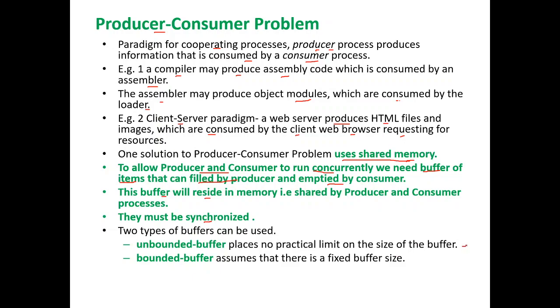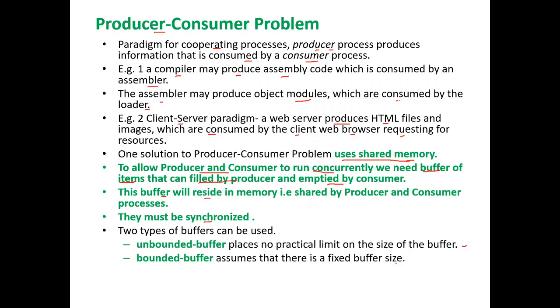The unbounded buffer places no limit on the size of the buffer. The consumer may have to wait for a new item, but the producer can always put a new item into it because it is unbounded. So size limit is not there.